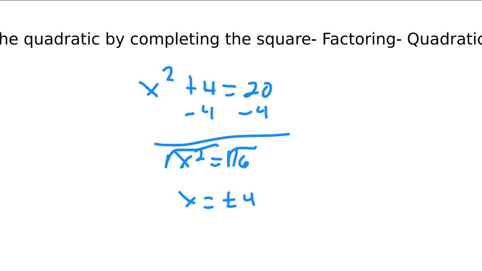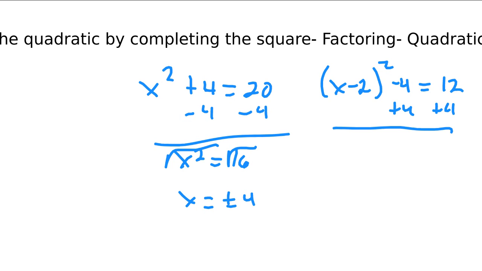Now, let's say I had something like (x minus 2) squared minus 4 is equal to 12. Well, I can still use the square root, but I have to isolate this part of the function first. So if I add 4 to both sides, now I have my squared term isolated.